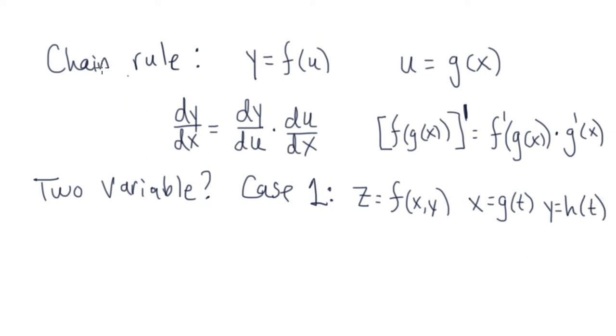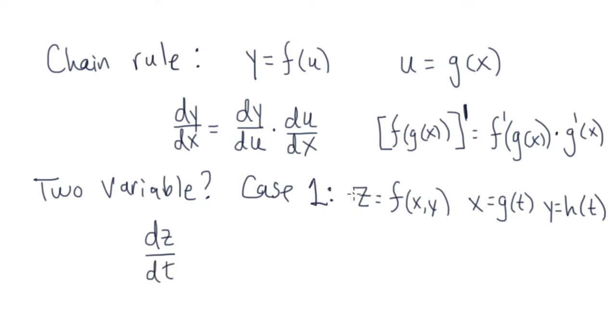This is sort of like the chain rule in one variable, except now we have two intermediate variables that depend on this independent variable t, and z is the dependent variable that depends on all of them. So what is the derivative of z with respect to t?